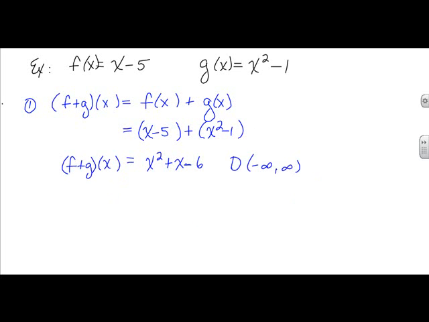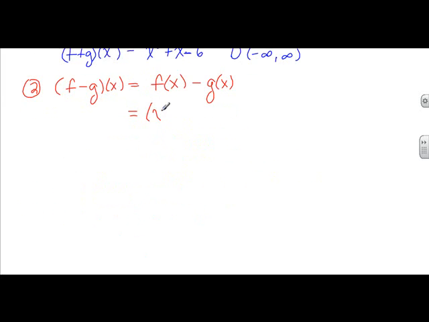You may also be asked to define the function f minus g, which is simply going to be f of x subtract g of x. You have to be careful with your signs here, but it's going to be x minus 5 subtract the quantity x squared minus 1.